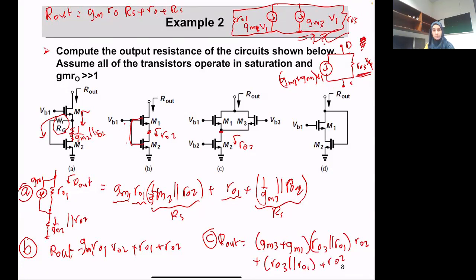Any question on this? Is it clear? Okay, no question. Now let's do part D.